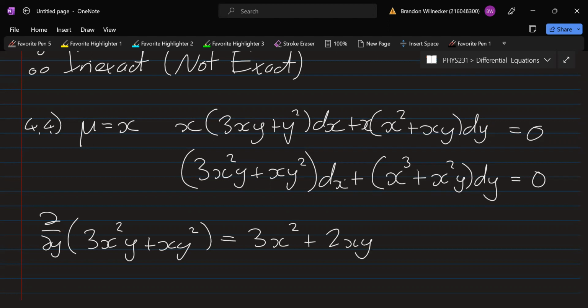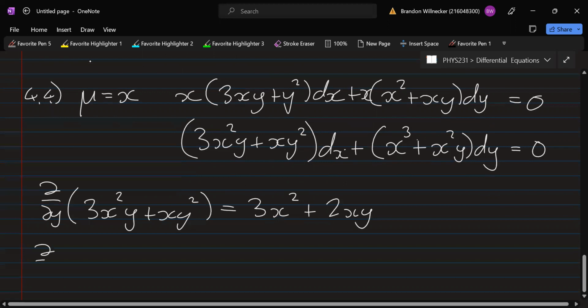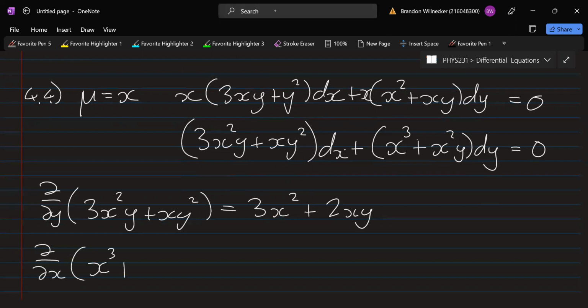Then the second one is the term with the dy, so we differentiate with respect to x. So d/dx of x³ + x²y becomes 3x² + 2xy. And we see that those are now equal, which means this is exact.